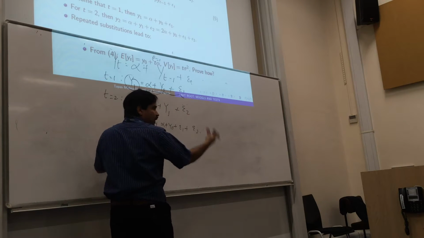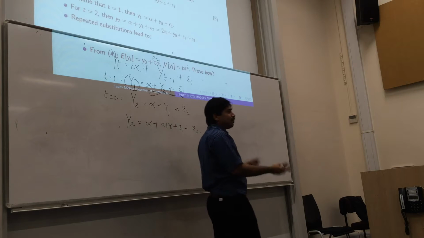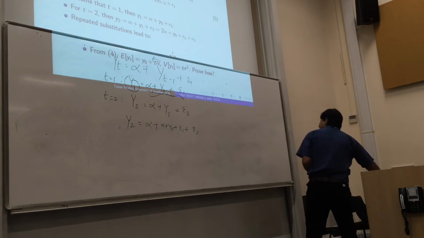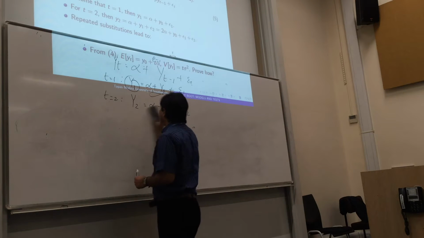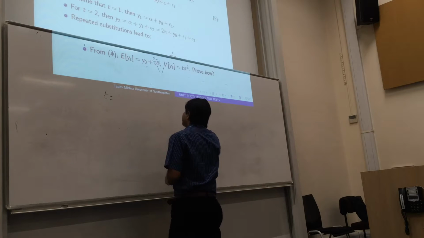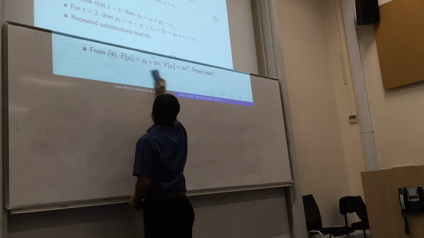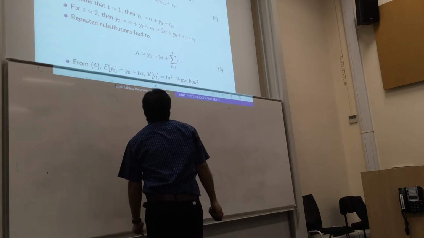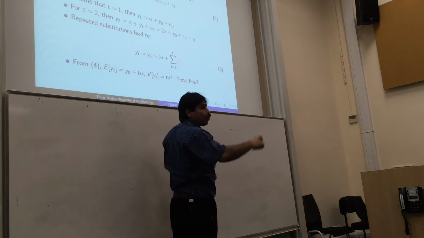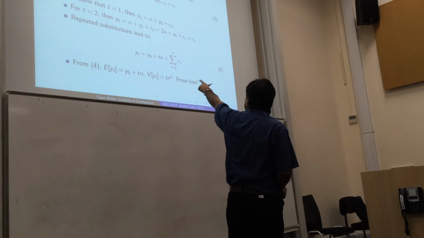Likewise, keep on substituting t equal to 3, 4, 5, 6, 7, 8, any n number of things. And then at the end, once again, you will end up expressing yt in the form of the sum of the error terms. So you will have y0 plus t alpha, means 1 alpha, 2 alpha, 3 alpha, like that.